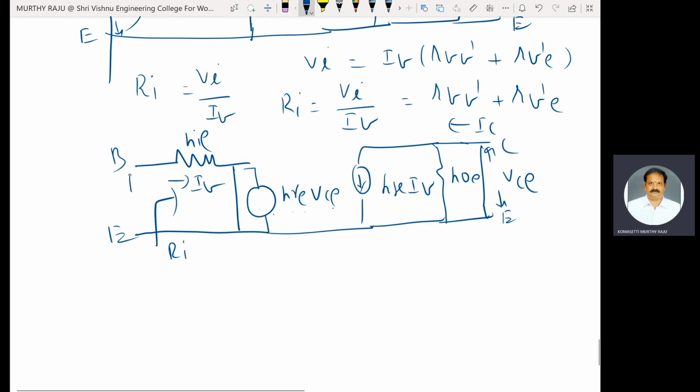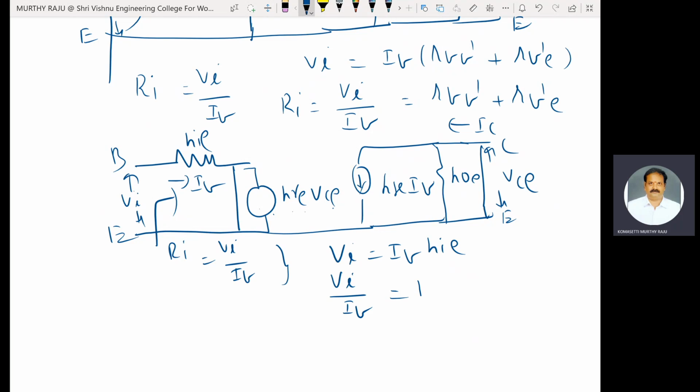Therefore, Ri is equal to VI by IB. But VI is equal to IB into HI. VI by IB is equal to HI. This is equation 1 and this one is equation 2.